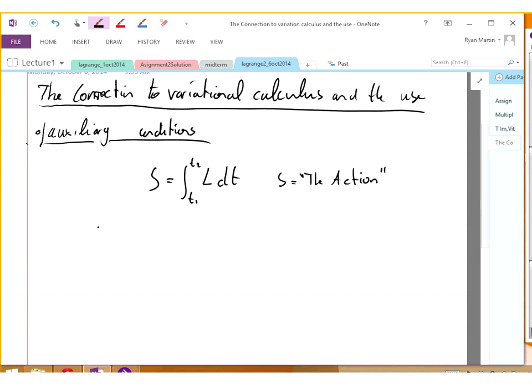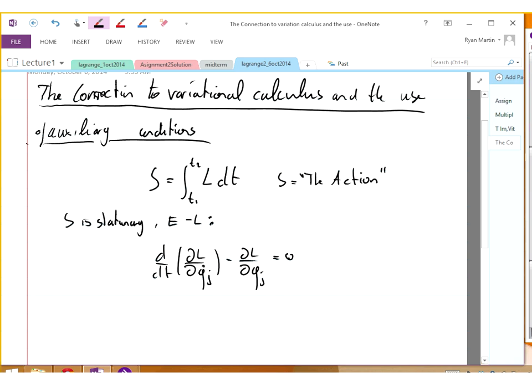We found that for S to be stationary, we get the Euler-Lagrange equations, which are d/dt of ∂L/∂q̇j minus ∂L/∂qj equal to 0.